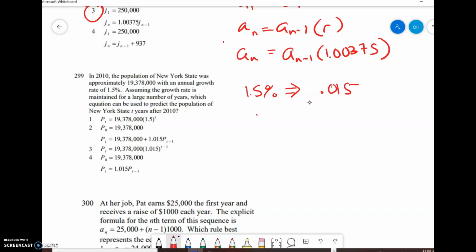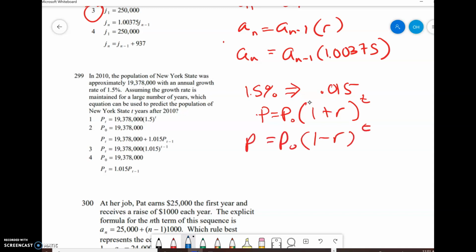All right, so this is an exponential function, and they just want you to write it recursively. Okay, so when I think of exponential function equations where it's just a fixed percent increase for whatever unit of time, I think of p naught, where that's your initial amount, times 1 plus r to the t, or 1 minus r if it's decay.